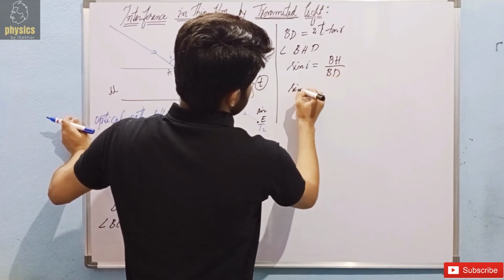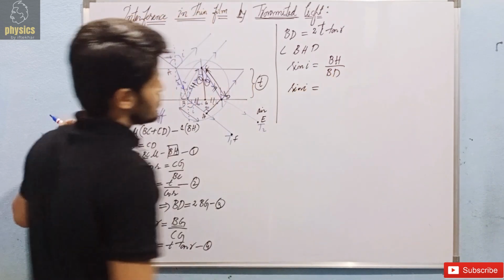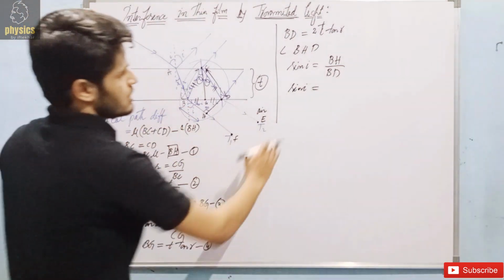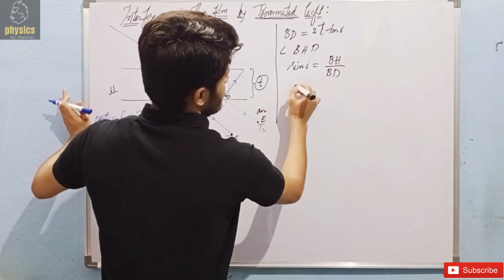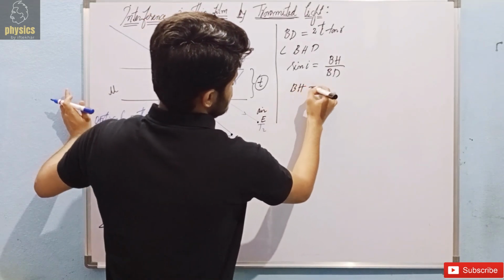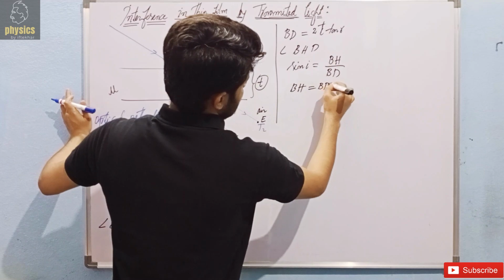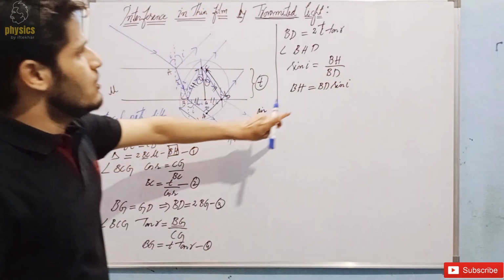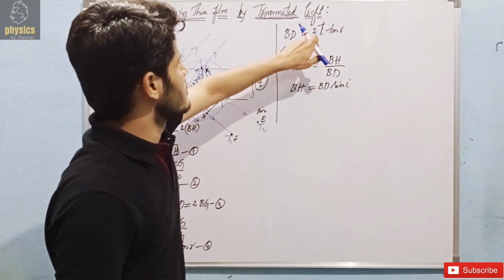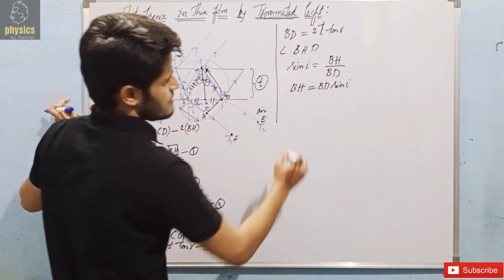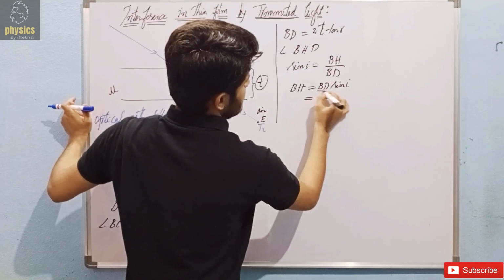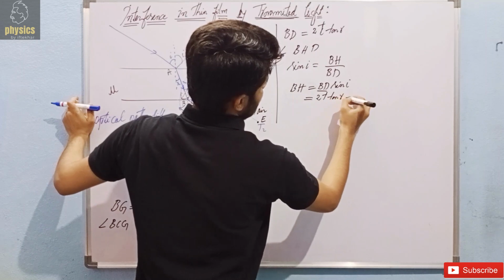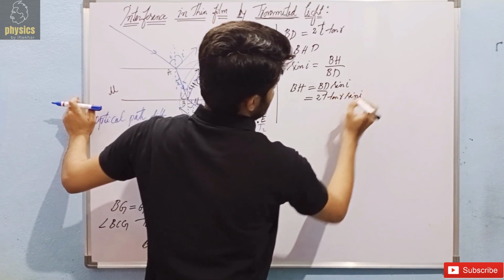Now sine I is equal to BH, which we want to find out. So I'll take it to one side. BH is equal to BD sine I. We know the value of BD, we have it here. I'll substitute it in here. So BH is equal to 2T tan R sine I.